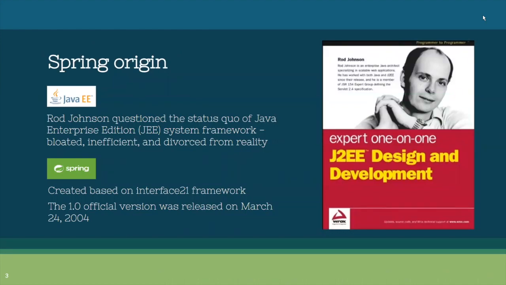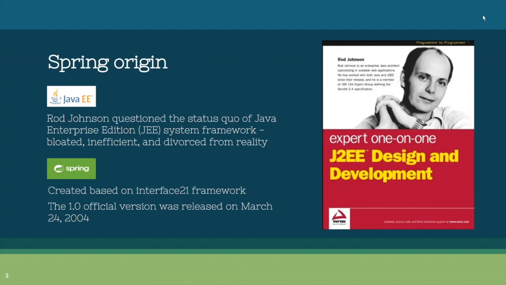In the book Expert One-on-One J2EE Design and Development, written by Rod Johnson in 2002, he questioned the status quo of the Java Enterprise Edition system frameworks as bloated, inefficient, and divorced from reality, and actively thought to explore innovative ways.